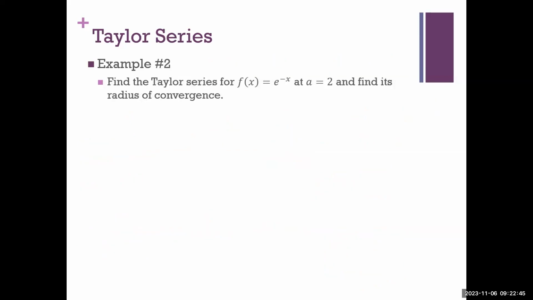So now let's look at a Taylor series that's not centered at 0. I'll let you all decide where to start. What kind of things do we need to build this series? Let's get a first few derivatives. So if f of x equals e to the negative x, what's f prime of x?